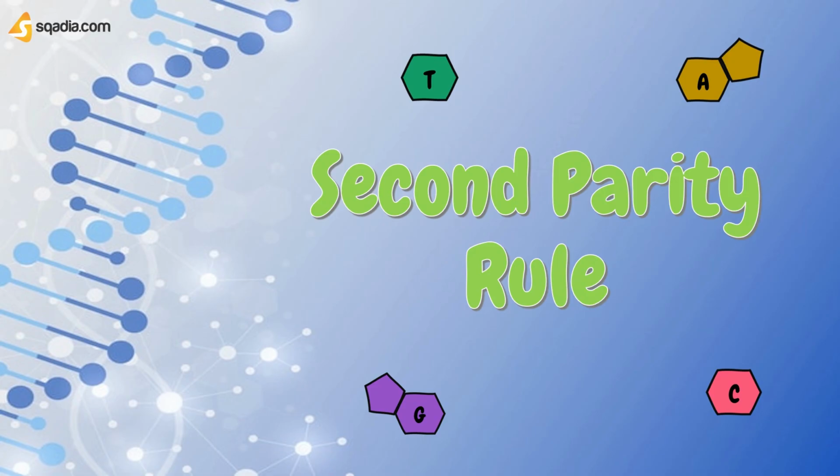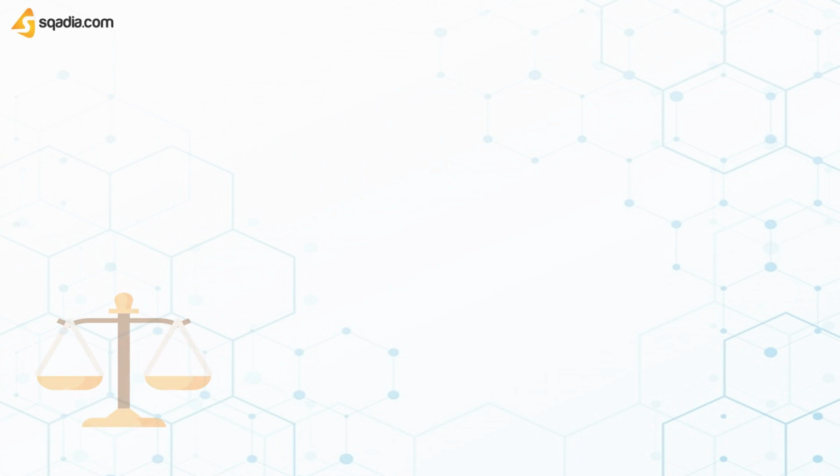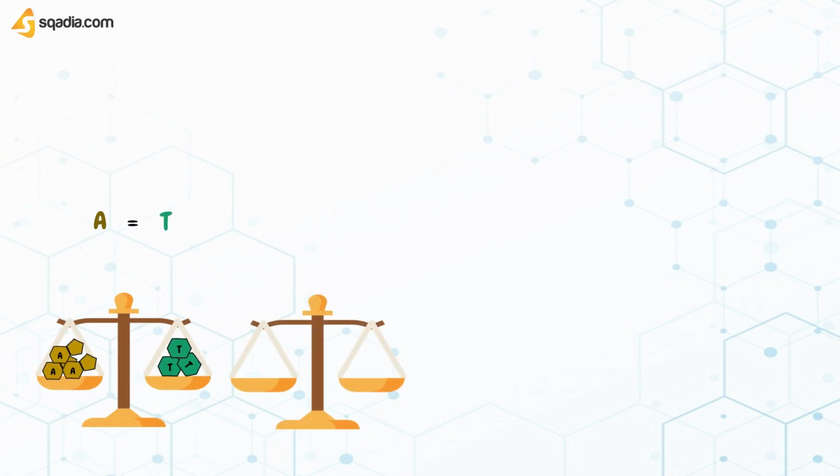In addition to the well-known first parity rule, later work by Chargaff led him to propose a second parity rule. The little-known second parity rule is that, to a close approximation, there are equal amounts of adenine and thymine, and equal amounts of guanine and cytosine in each single strand of the duplex, like the first parity rule. This extends to oligonucleotide sequences.